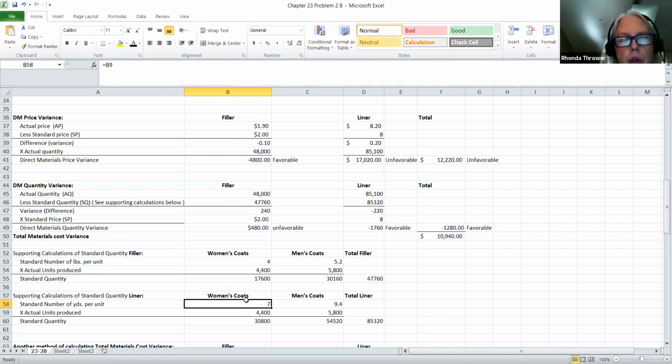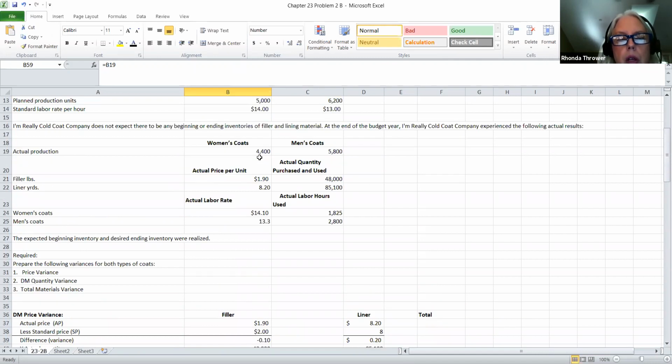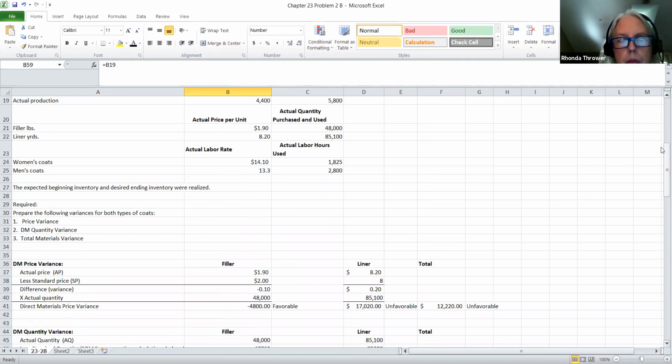We're going to multiply that by the actual units produced of women's coats, and that was given. The actual units produced of women's coats is 4,400 units, or 4,400 coats.